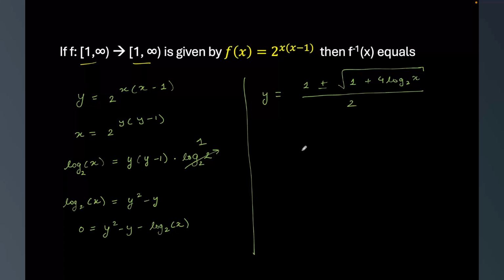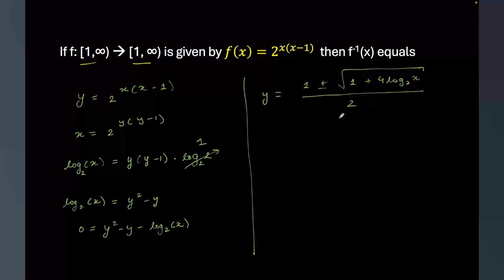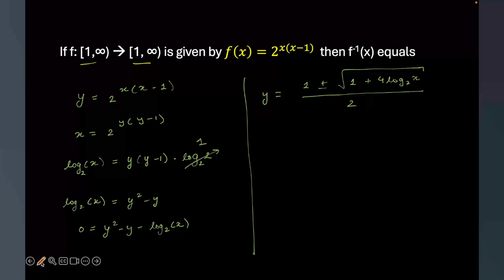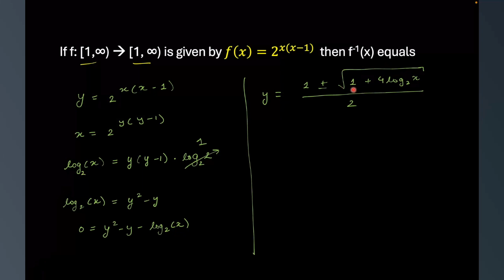And now that we have this, again, we'll have to see if it's plus or minus. So using the same logic as before, if we take a minus sign, then eventually we might reach a negative value, because once the thing inside the radical starts becoming more than 1, this entire expression will become negative, and our domain is only positive.